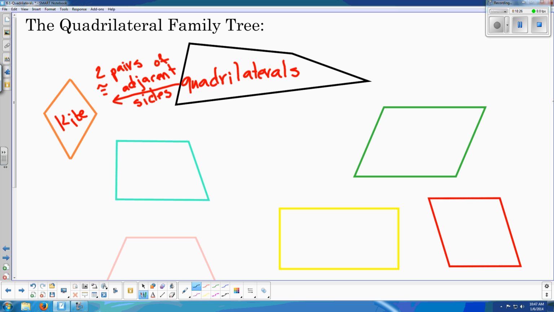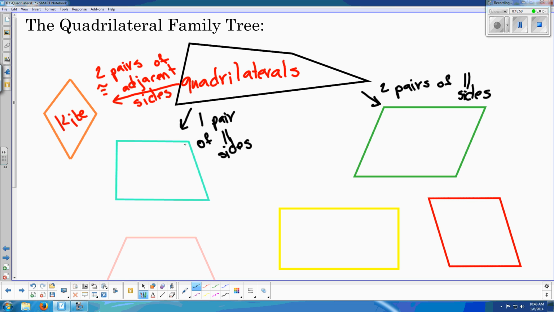Now, this way we're going to say has one pair of parallel sides, and if we go this way, we have two pairs of parallel sides.